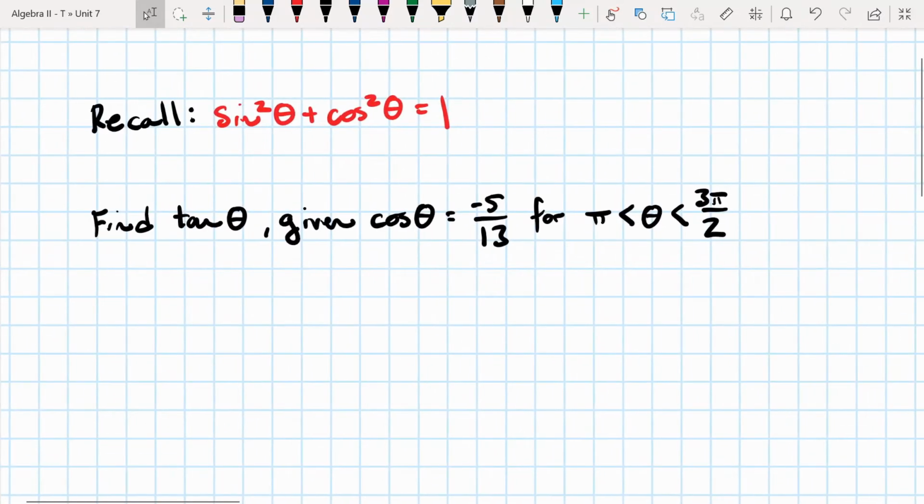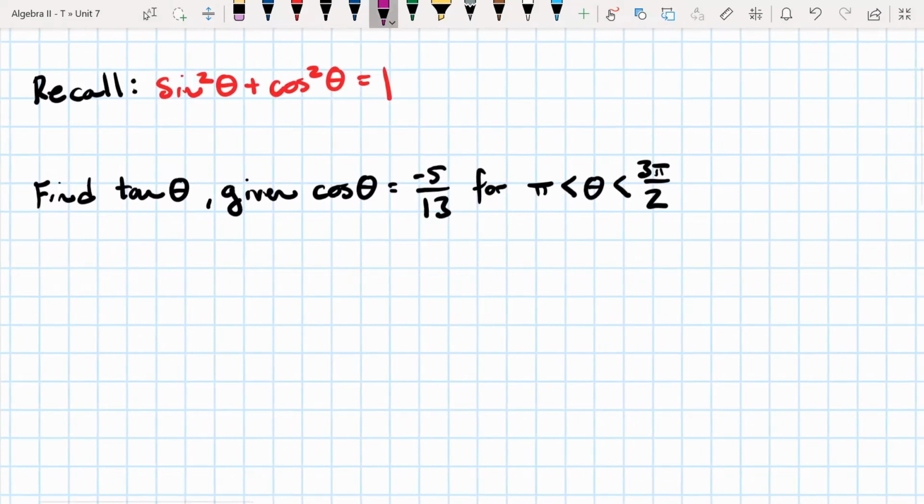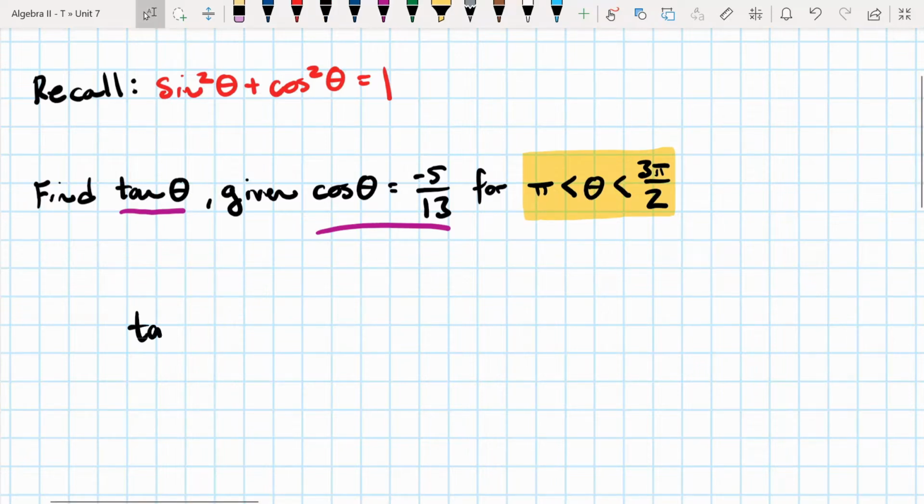Okay, so here's our goal. We want to evaluate what this is given this statement and given that we're here. Okay, we're here on the unit circle. So let's start by recalling that tangent is equal to sine of theta over cosine of theta.